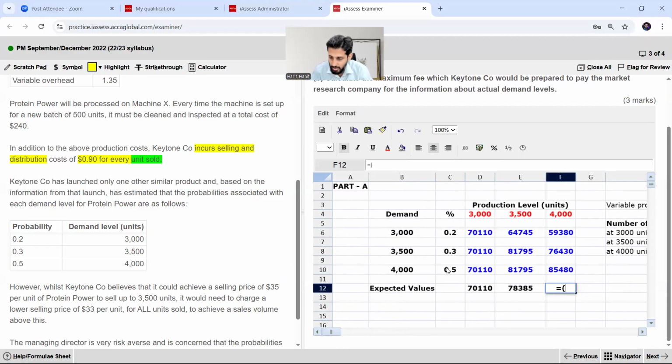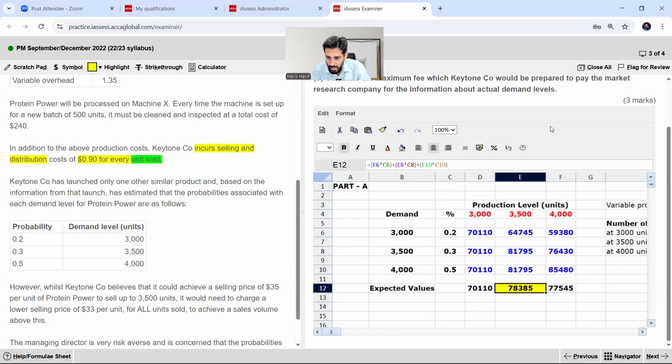Press equal to, this value multiply by 0.2 plus 76,000 multiply by 0.3 plus 85,000 multiply by 0.5, bracket close, answer. So which of the expected value seems to be high? That is this one, 78,000.